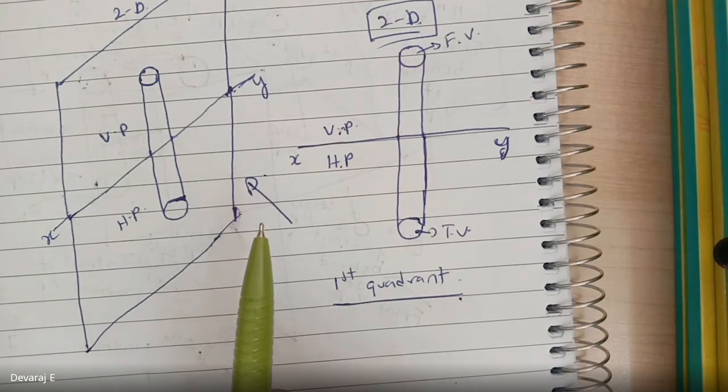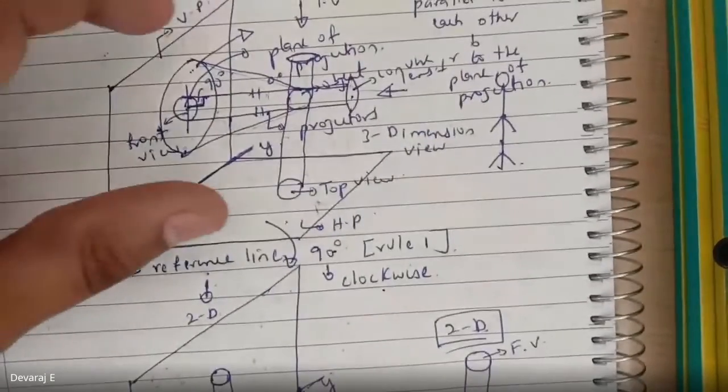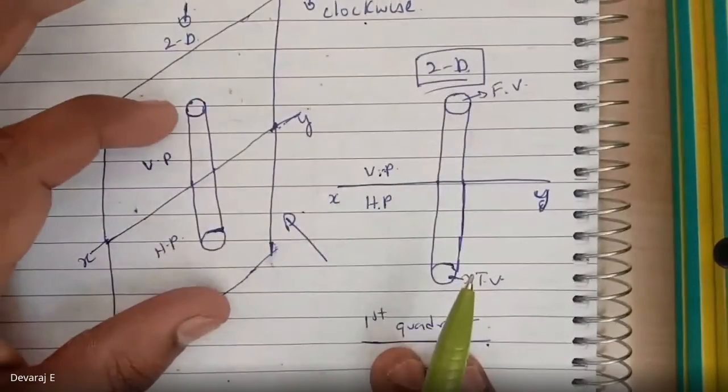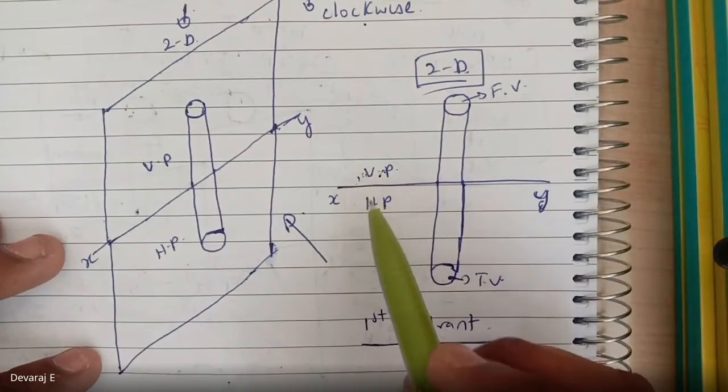You can analyze that later. But now, try to analyze how we convert the 3D view to a 2D view.